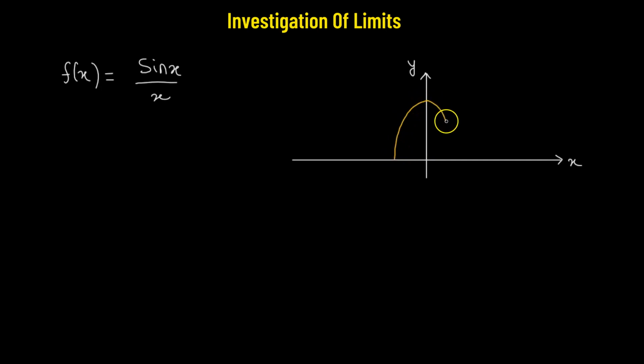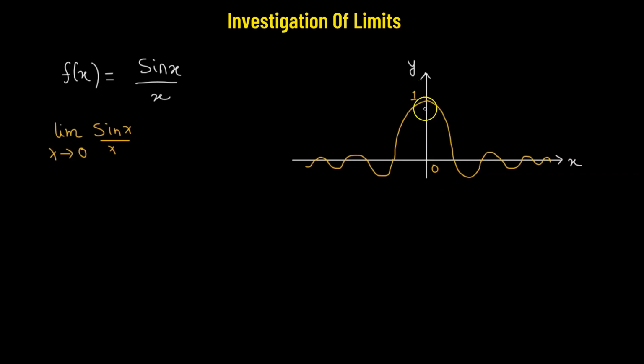If we use our graphing calculator, Desmos, the function is going to have a shape of this particular sort. Now the question is, what is the limiting value of this function sine x over x when x is approaching the value 0, that means at the origin? What is the value of this particular function?